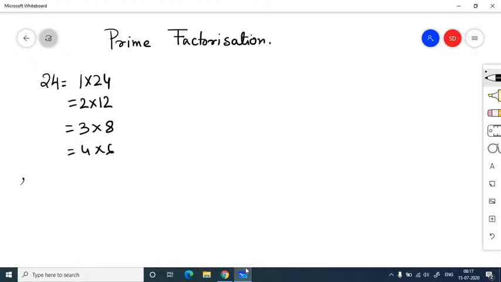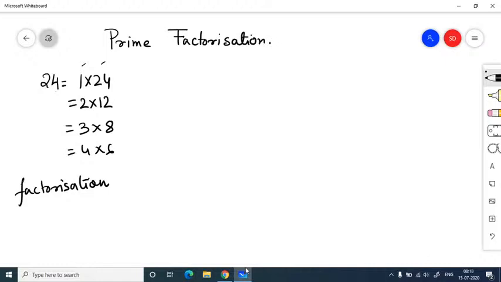So this is only factorization, because we have expressed 24 as the product of two natural numbers. It can be prime or it may be not prime. But when you express 24 as a product of only prime numbers, then that becomes a prime factorization.